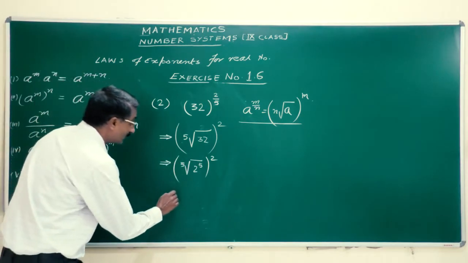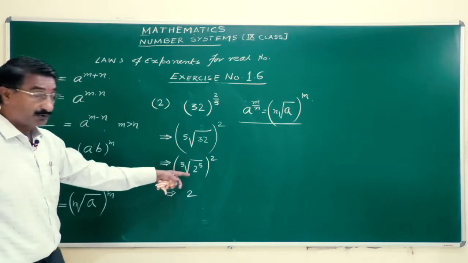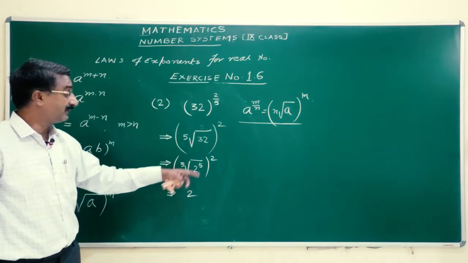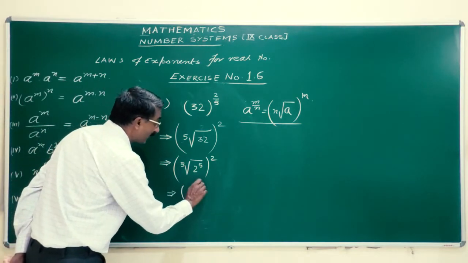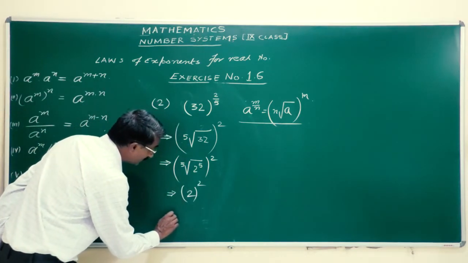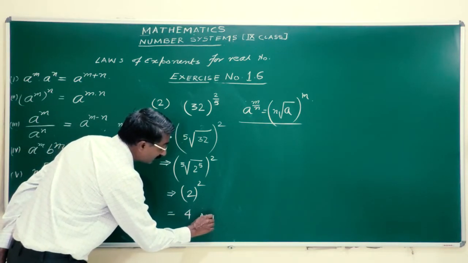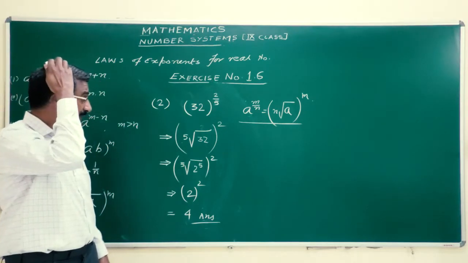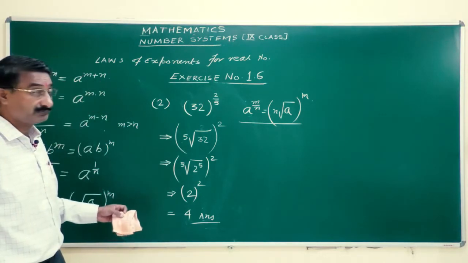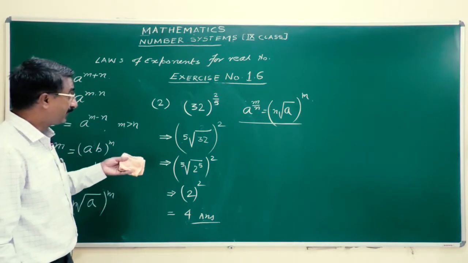It means this is equal to 2, because 2 raised to the power 5 upon 5, the 5s will be cancelled. So, 2 to the power 1, so 2 raised to the power 2. So, this is equal to 4 and this is the answer. Now you can see it is a very simple thing, but you have to understand when to use which identity. You should not get confused.